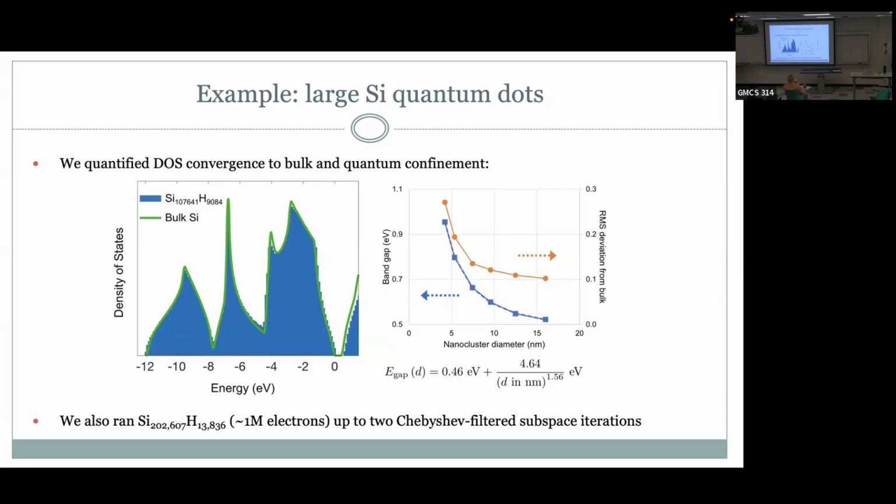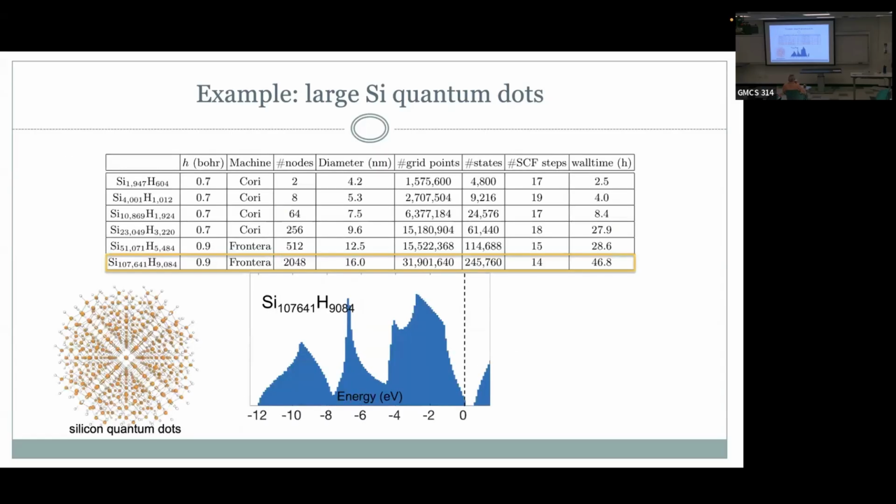So we also ran, as I mentioned, the system that's twice as large, around 1 million electrons. We didn't get to full convergence for that calculation. We were able to do this up to 2 CheFSI steps. But just in terms of the size of that calculation, for the 100K, we used 2,000 nodes.